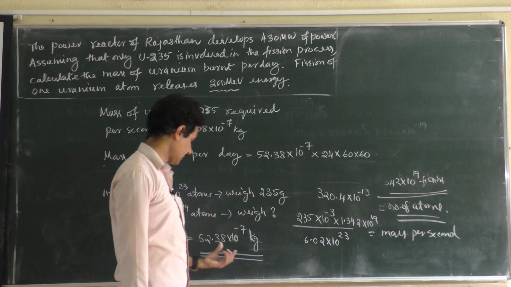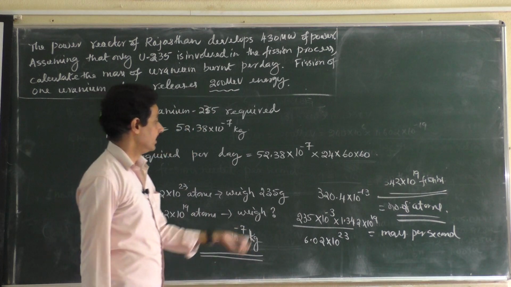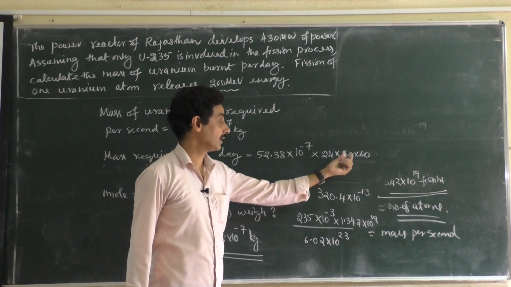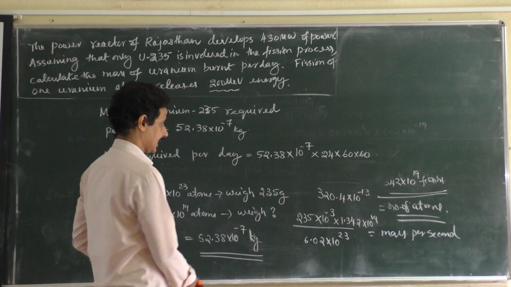This is the mass required per second. 24 hours in a day, and each hour contains 60 minutes and each minute contains 60 seconds.